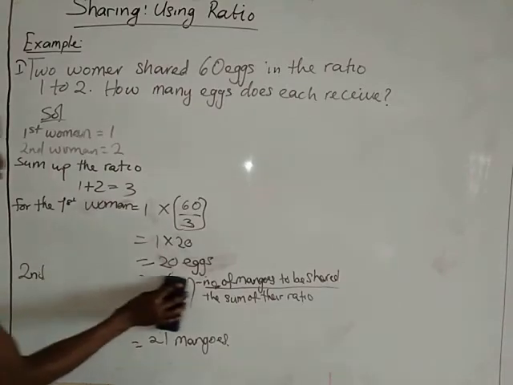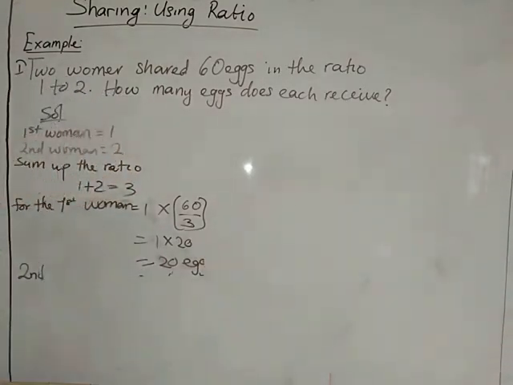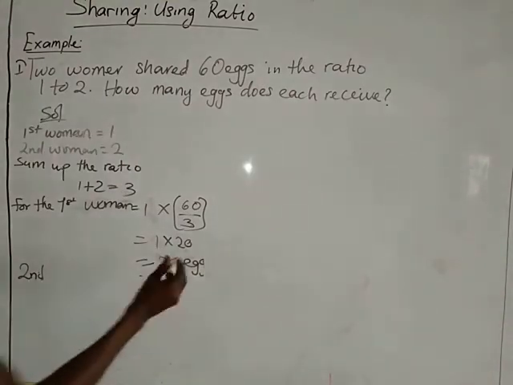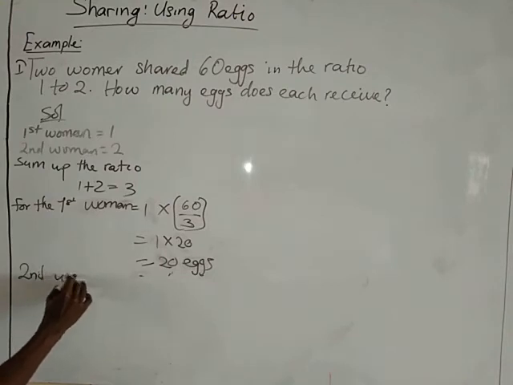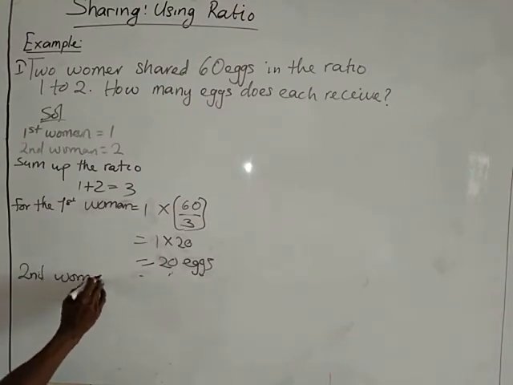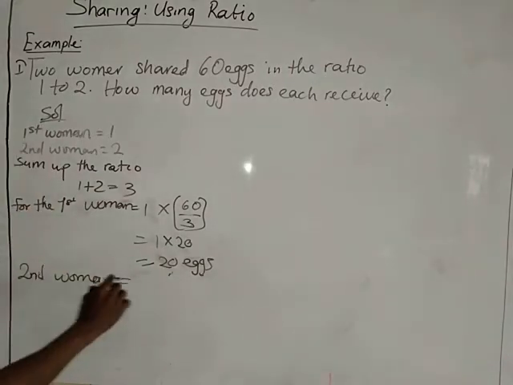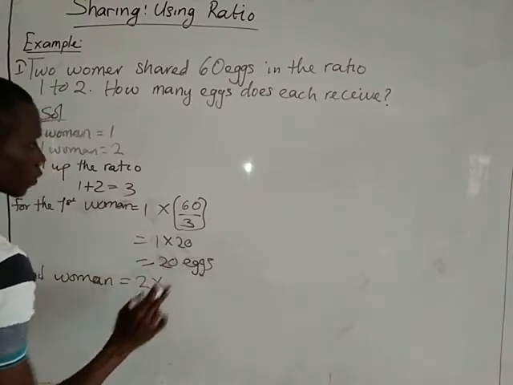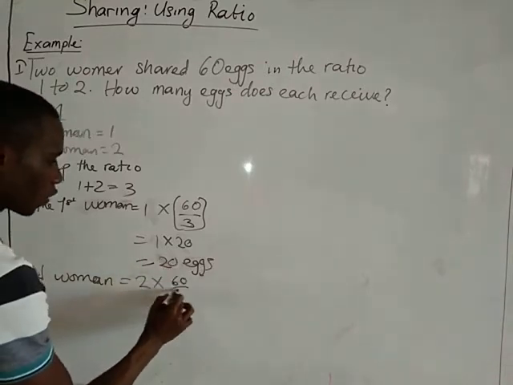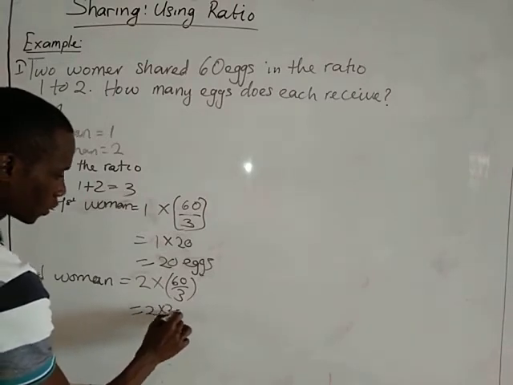So for the second woman now, let's see what will be the number of eggs that she will be getting. That will be 2, which is the ratio for the second woman, times 60 over 3, which will give me 2 times 20.